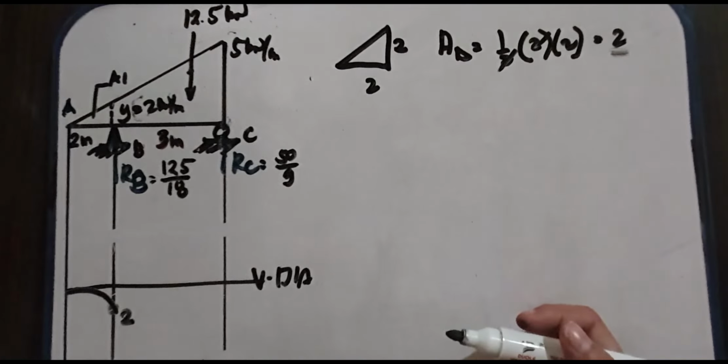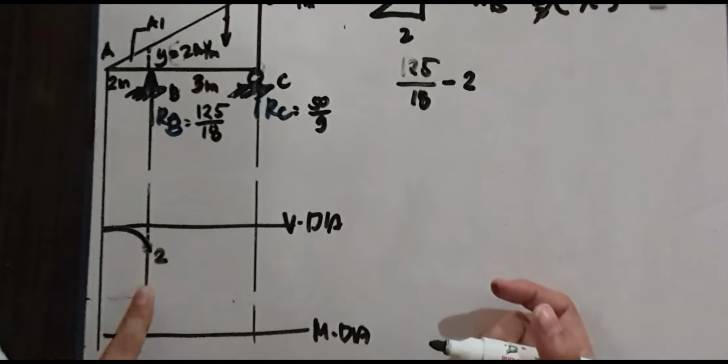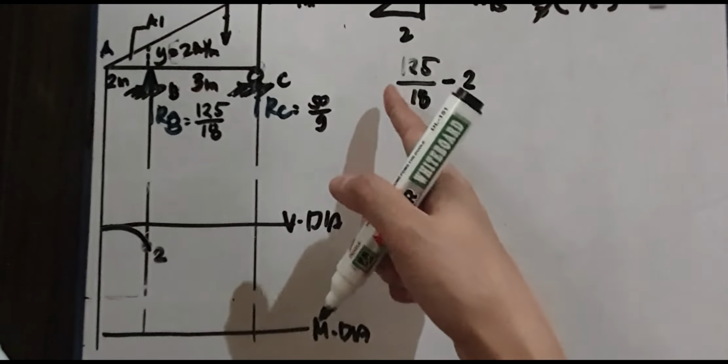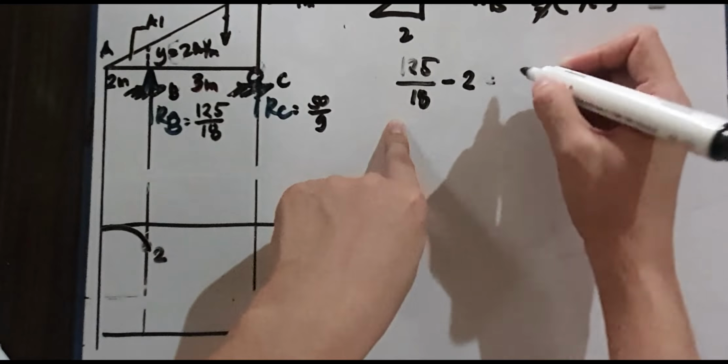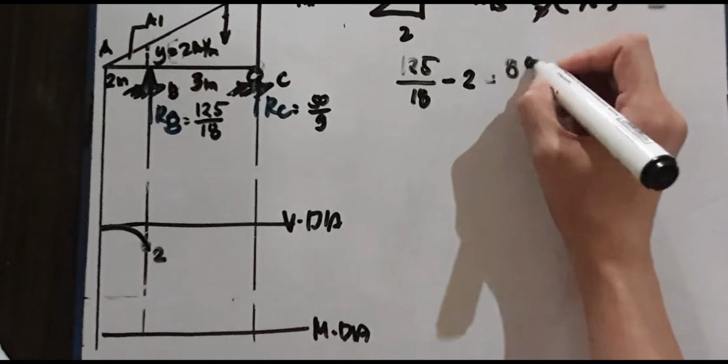So, minus 125 all over 18. Okay, so we got the 2 earlier. Now, a shortcut: 2 minus 125 all over 18. So, 125 all over 18 minus 2 is 89 all over 18.